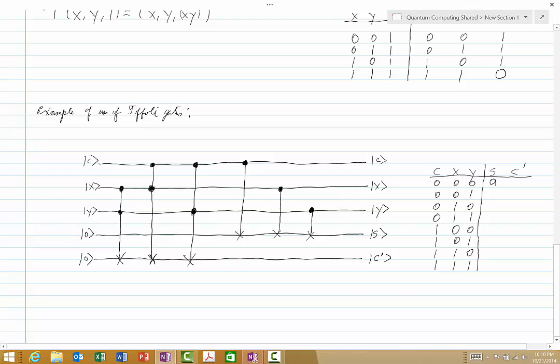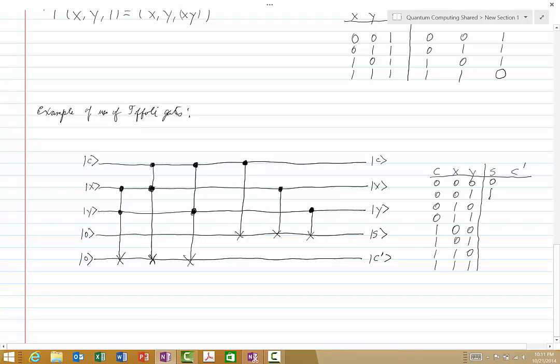When C and X are both 0, but Y is equal to 1, the fact that Y is equal to 1 will cause an inversion here, but since C and X are both 0, there will be no inversions here or here. So this 0 gets inverted one time, and S is equal to 1.